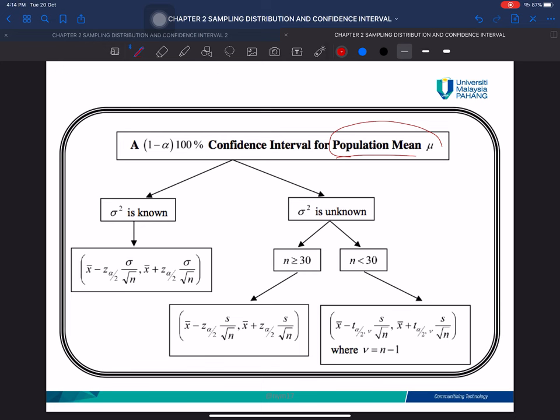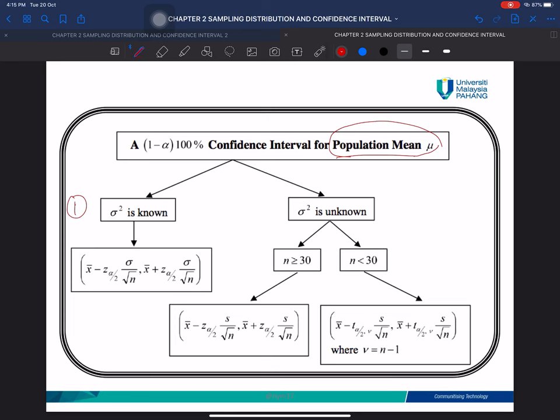For the calculation here, we have two situations. In general, we have three formulas for calculating the confidence interval for mu. So how do we choose the formula? The first thing we need to determine is whether sigma is known or unknown.